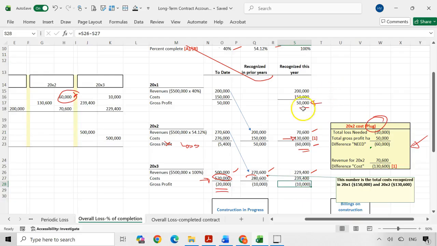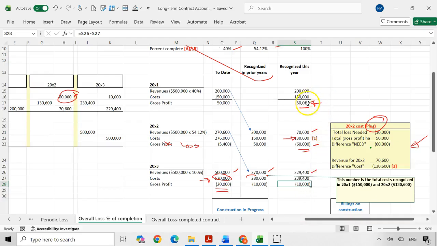Now I want to show you, once we record all that and we go look at all our revenues and costs, we'll have recorded $50,000 of gross profit in year 1, $60,000 of gross loss in year 2, and $10,000 of gross loss in year 3.